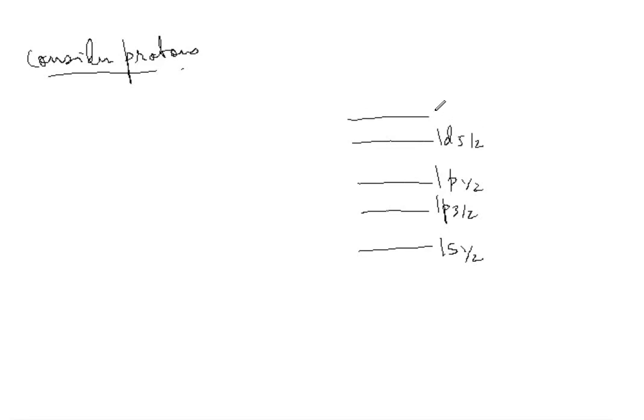So if I write down the shells, then it will be like this: 1s half, then 1p 3 half, 1p half, then slowly 1d 5 half, 2s half, 1d 3 half, so on.